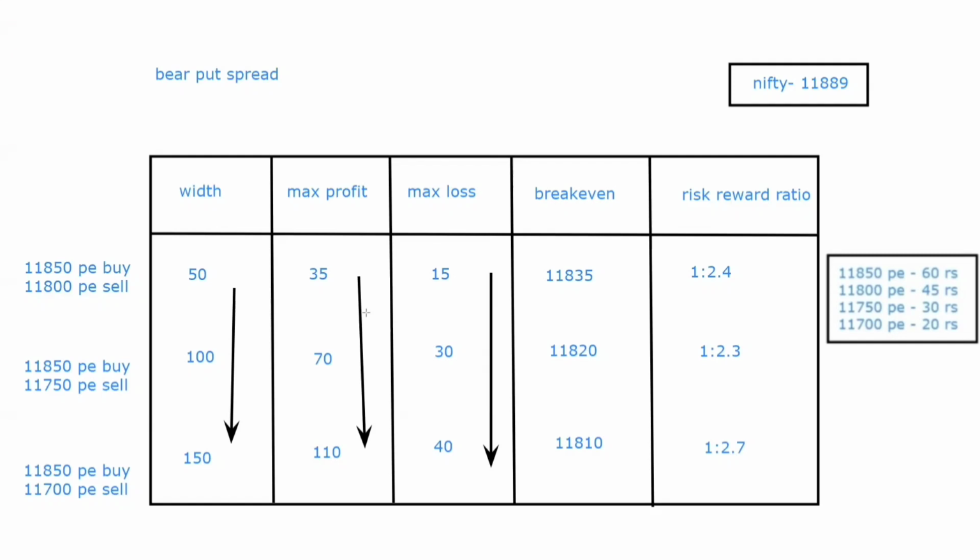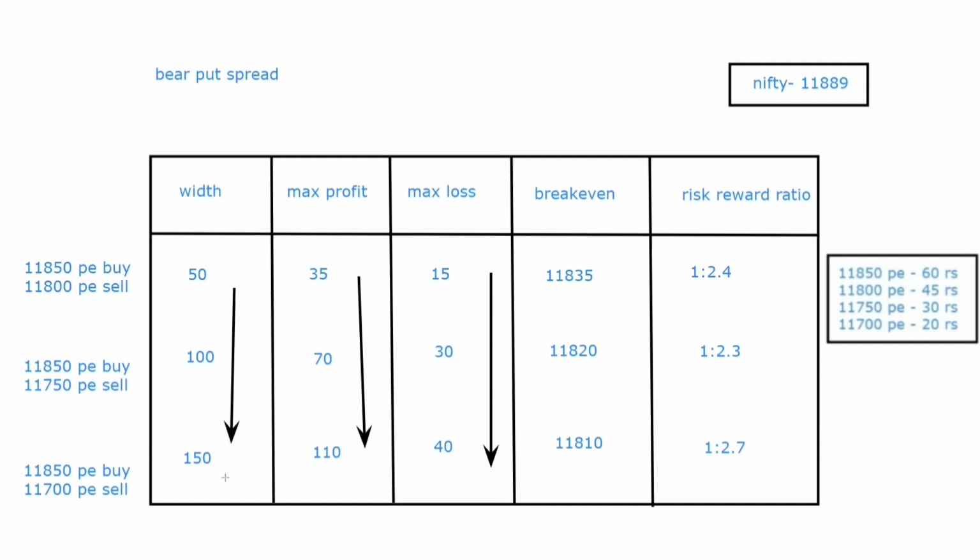So now this comes to the risk appetite of an individual. If you are happy to give 40 rupees, then you can take this spread because it has a maximum profit of 110 rupees, right? But if you don't have the risk to give 40 rupees to the market and you have the risk of only 15 rupees, अगर आपके पास रिस्क सिर्फ 15 रुपए है मार्केट को देने के लिए, then you have to take a 50 point width and not a 150 point width, right?